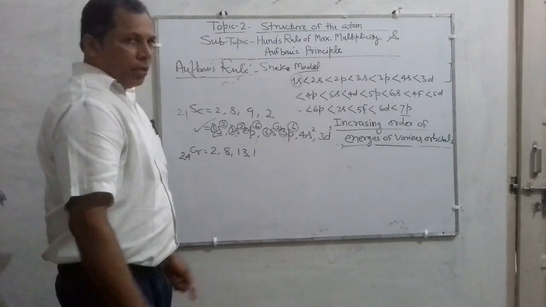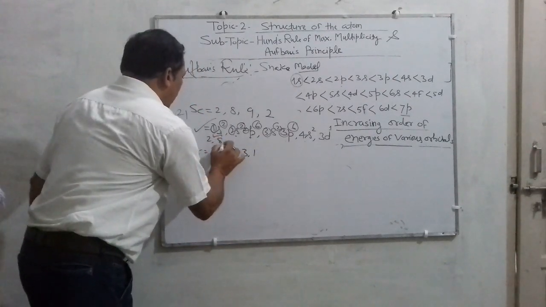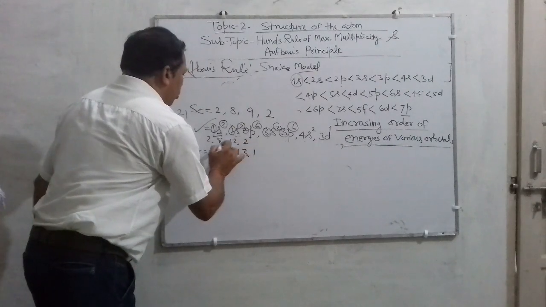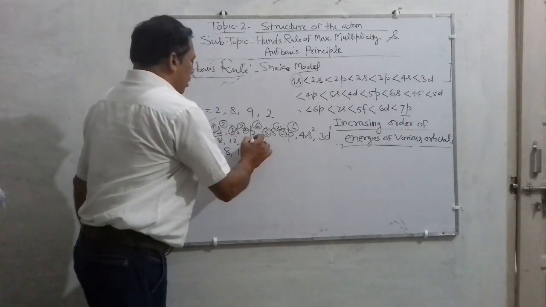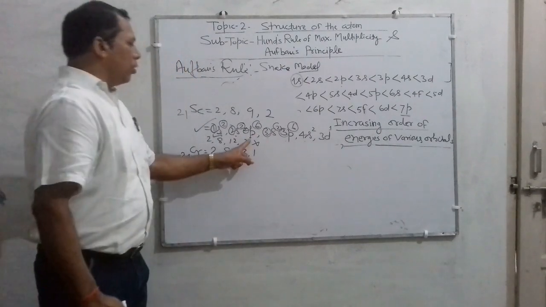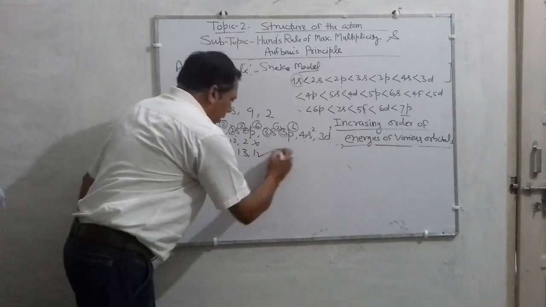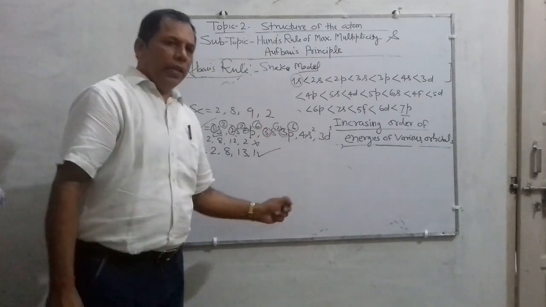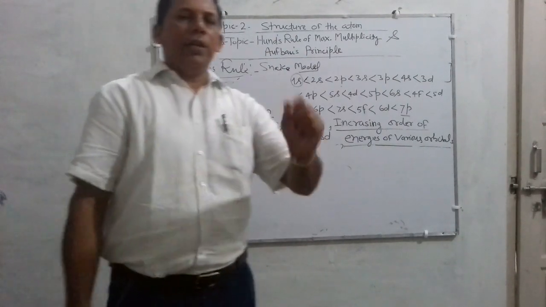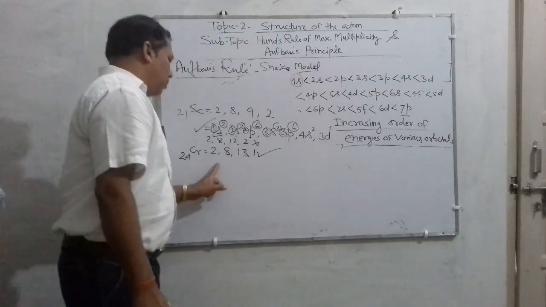According to Bohr and Bury it would be 2, 8, 12, 2, but due to some reasons this configuration is not followed, and the correct configuration is 2, 8, 13, 1. Why is it so? I will discuss it in detail afterward.